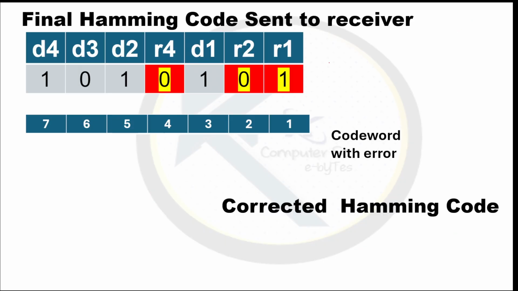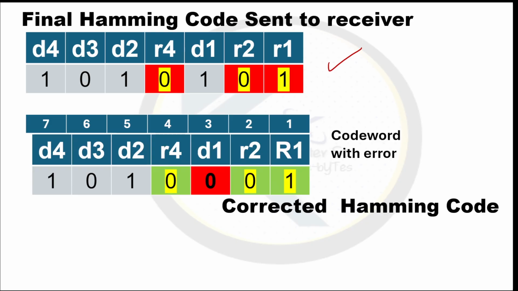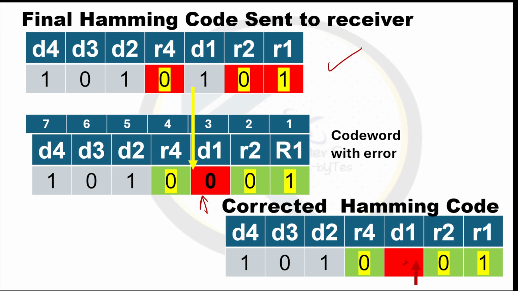So this is the original code. This was the code word received by the receiver having a 1-bit error at this location. And this is the corrected Hamming code. And that matches with the original code which was sent by the sender. Thank you.